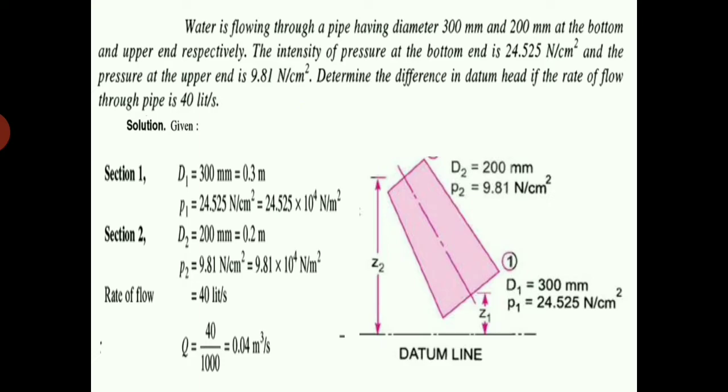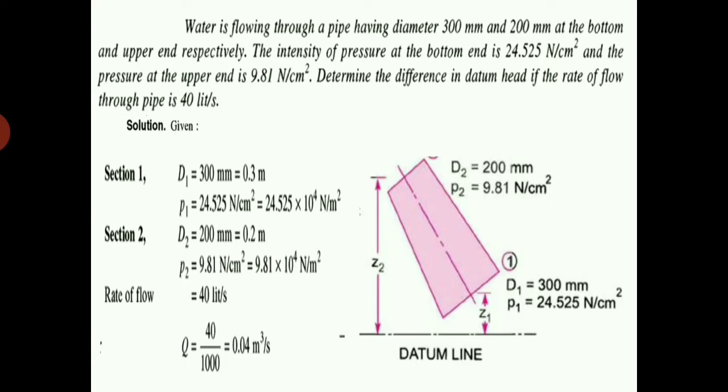Determine the difference in datum head if the rate of flow through the pipe is 40 liters per second. Now the difference between this numerical and the first numerical is that in the previous numerical we were calculating the pressure intensity at section 2, but now we need to calculate the difference in datum head. So let us see what data is being given to us.